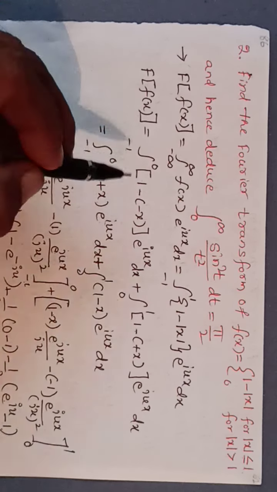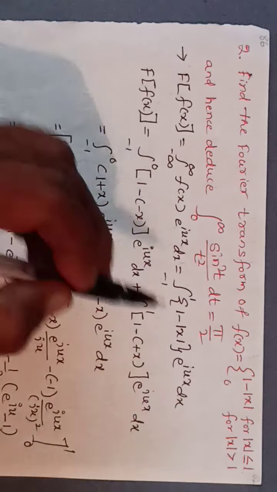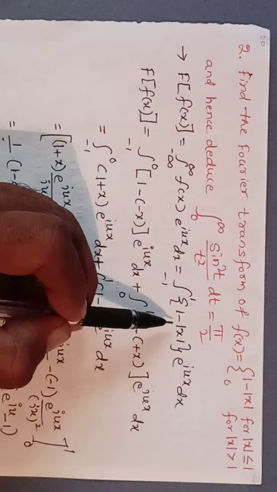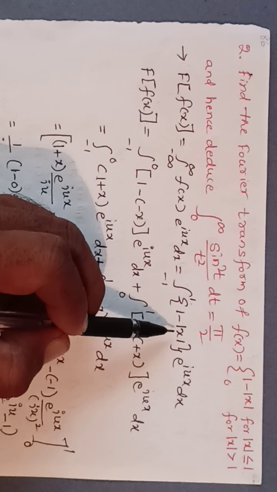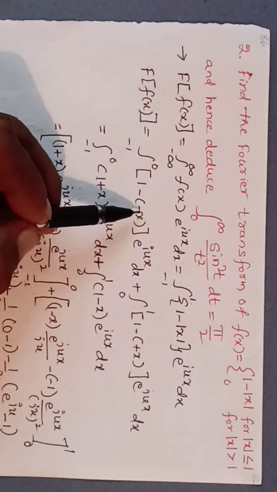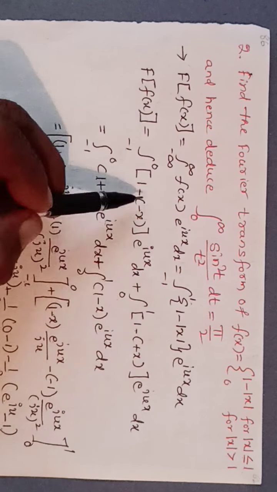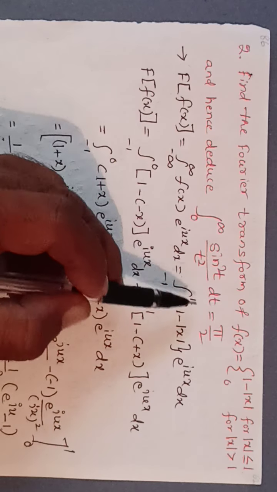It is equal to the integral from minus 1 to 0. Here minus 1 to 1 is there, so for mod x two values are there. That means we have to split this into two parts: minus 1 to 0 and 0 to 1.